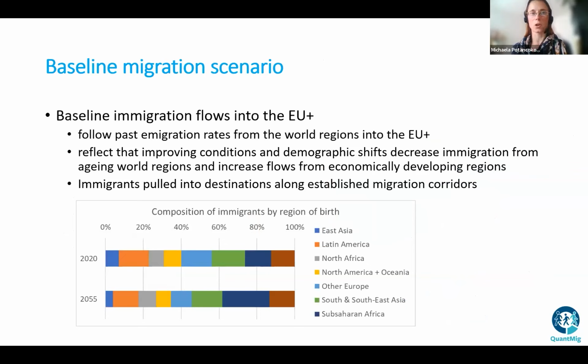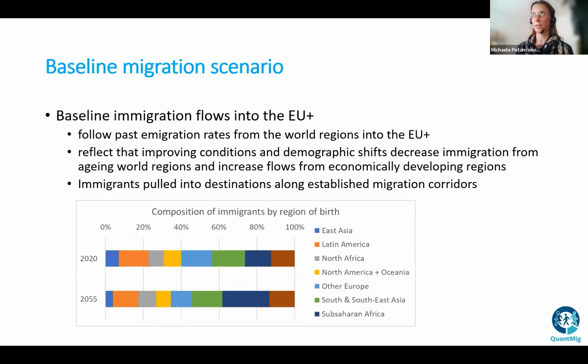In the baseline scenario, we took the very conservative, classic IIASA approach of estimating emigration rates from a given world region into the EU in the past, and we keep these rates fixed in the future. What we actually achieve with this is that we estimate not only the volume of the flow from a certain region into the EU plus countries, but also we observe changes in the composition of this overall flow.